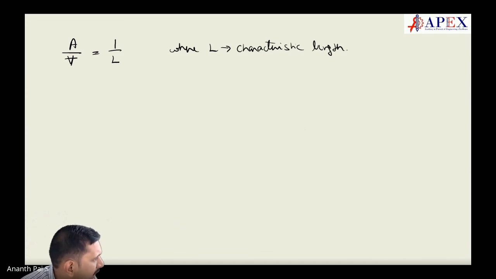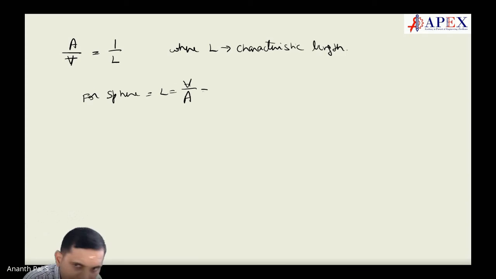For a sphere, L equal to V by A, if you see it, you will get it as R by 3. You can check it out later on, where R is the radius.